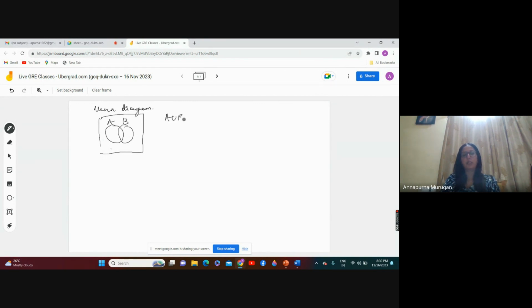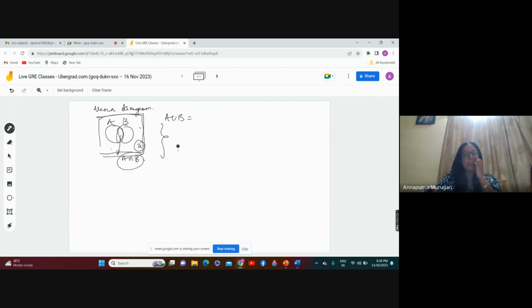A union B. So the elements present in A and B together, whereas this part is A intersection B. And the entire box represents the universal set, the leftover items which are not in A and B but may be in the universal set. This is the basic thing you people know about, isn't it? So this is the basic Venn diagram you people have come across.